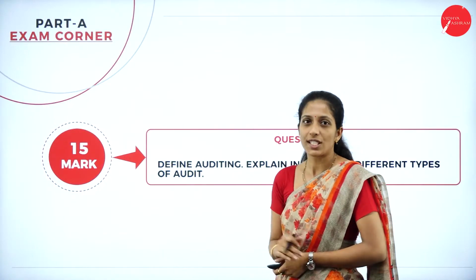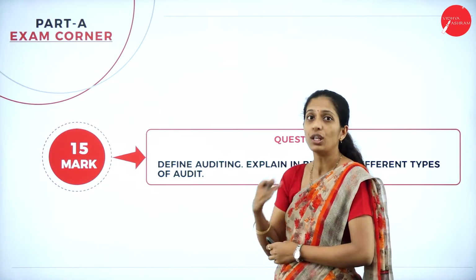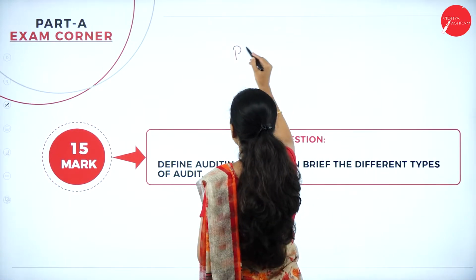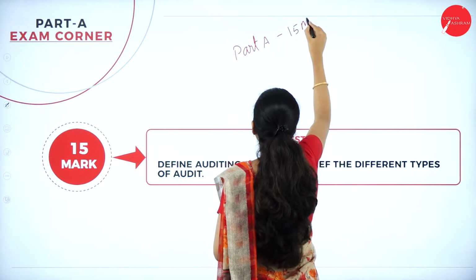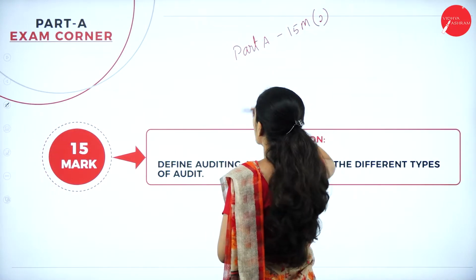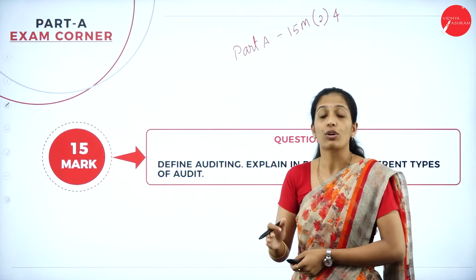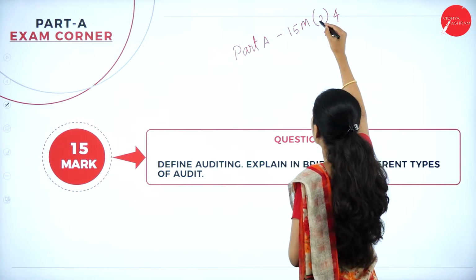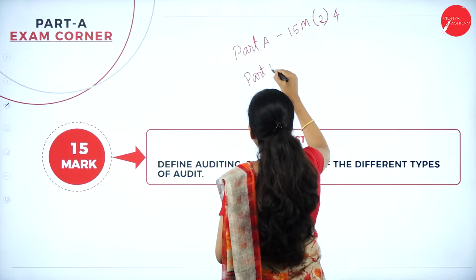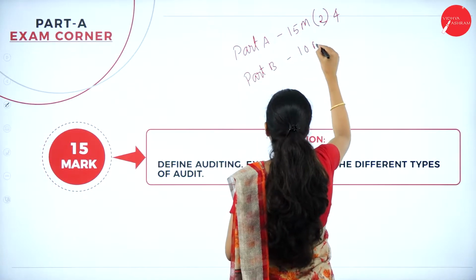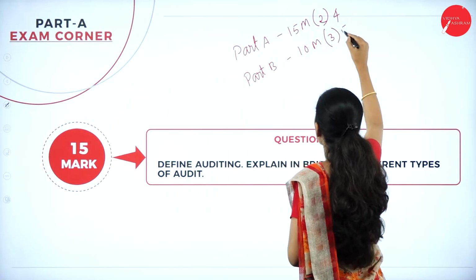So if you see here, as usual, the whole question paper has been divided into 3 parts, that is part A for 15 marks, where you have to write the 2 questions out of 4 questions. So they will give you 4 questions. Out of 4 questions, you have to write 2 of them. That is under part A. Next, coming to part B, that is for 10 marks, where you have to write 3 questions out of 5 questions.